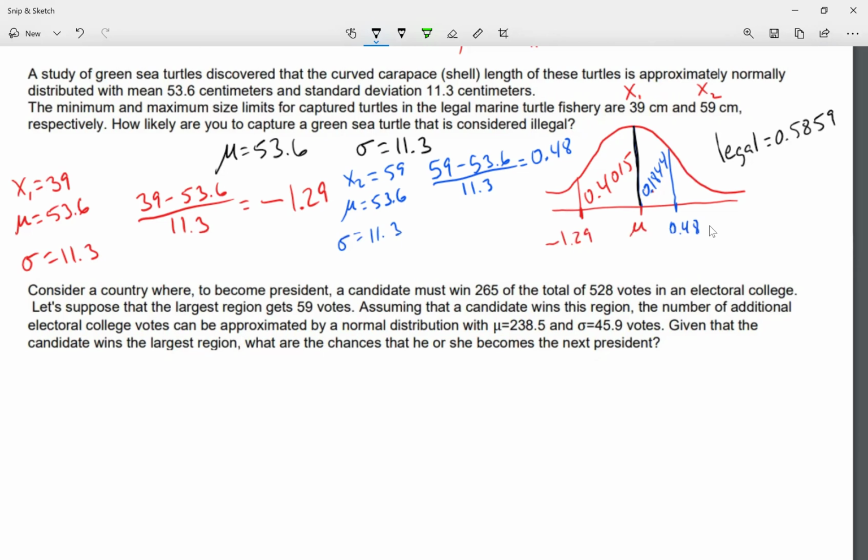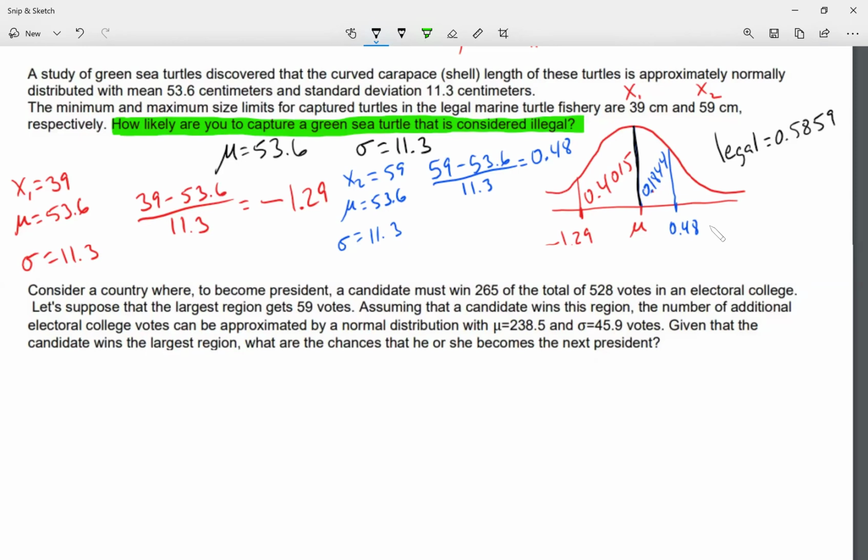Let me read the question here. How likely are you to capture a green sea turtle that is considered illegal? Okay. My table gave me what my percentage of legal fish is out there. So for me to consider what's illegal, it's the remainder, right?